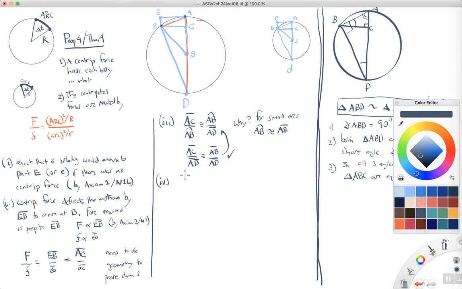Now, point 4. Well, AC, that line segment, we can rearrange this right here and solve for AC. So AC is equal to the arc length AB squared over AD. So here we're just rearranging our point 3.